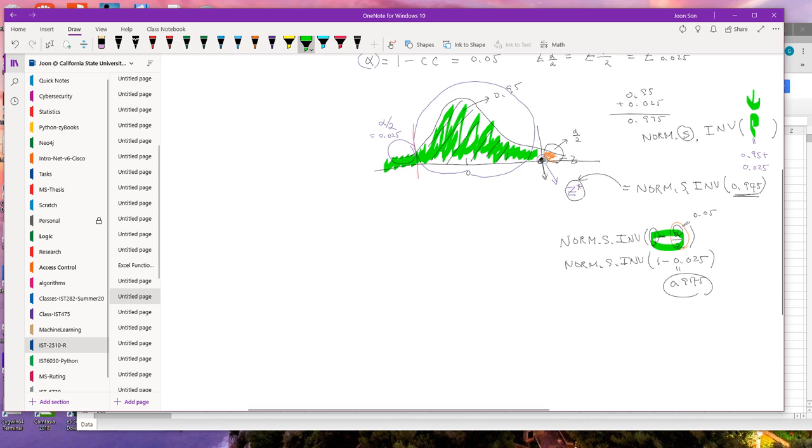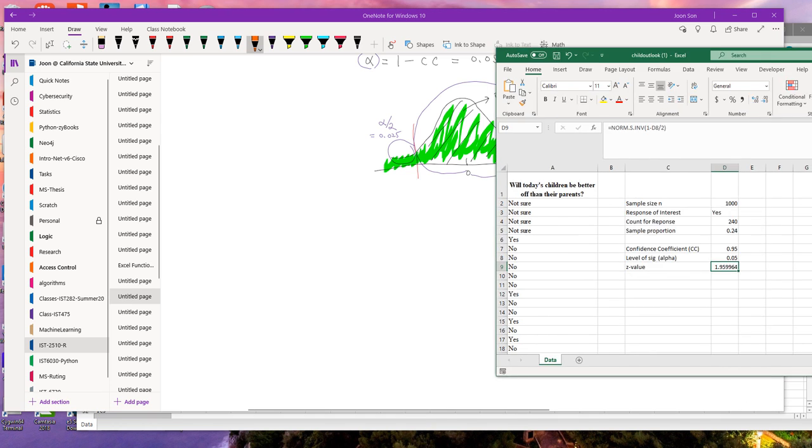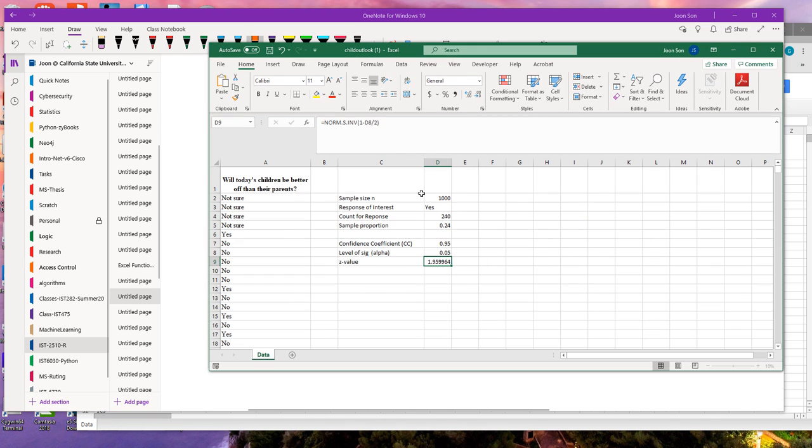They're conceptually the same thing. So you can use 1 minus this orange area to get the green area, which is 0.975, and that's what I used in my Excel spreadsheet: 1 minus D8 divided by 2. So you can find the z value.